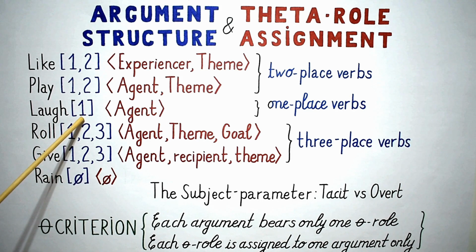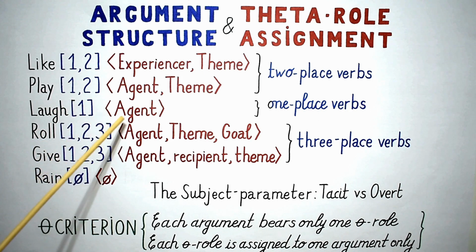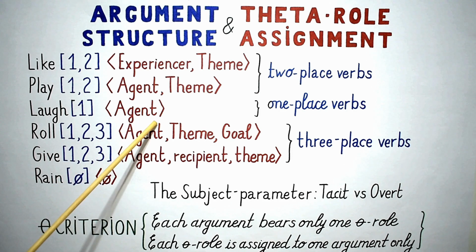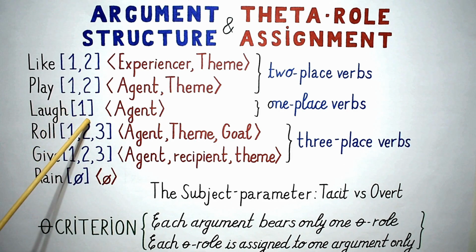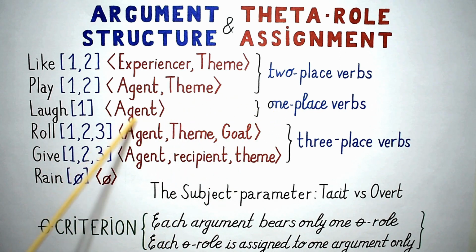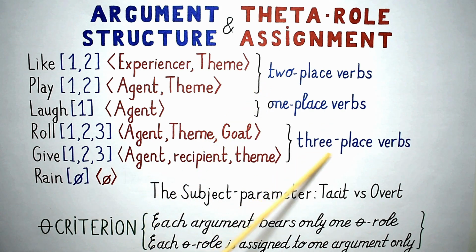So laugh is a predicator that will have only one argument, she, the agent, that is the performer of the action of laughing. So laugh is a one-place verb with only one argument, which will bear, of course, only one theta role, agent. Okay, so we have one-place verbs, we have two-place verbs, and we have three-place verbs.